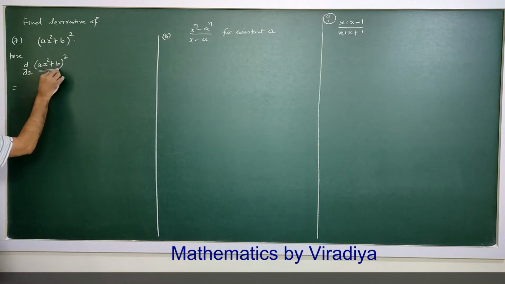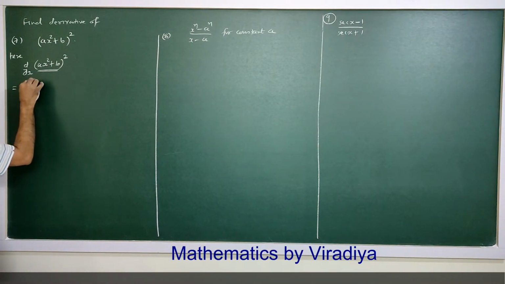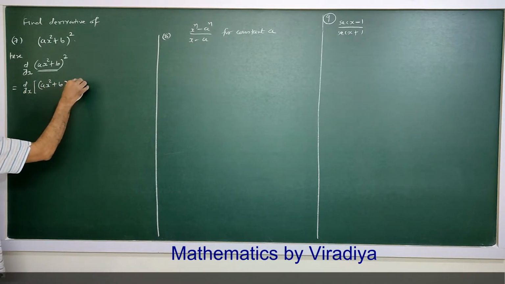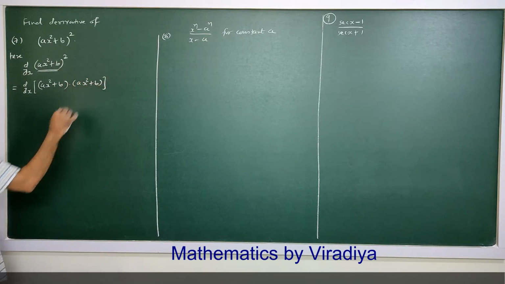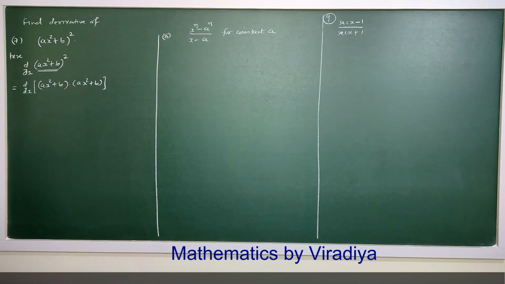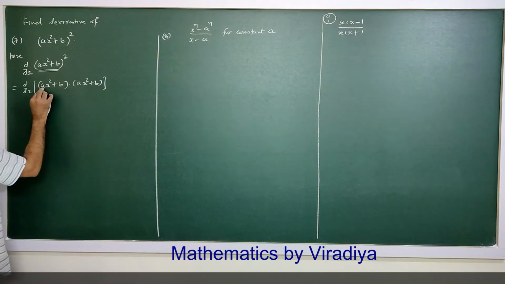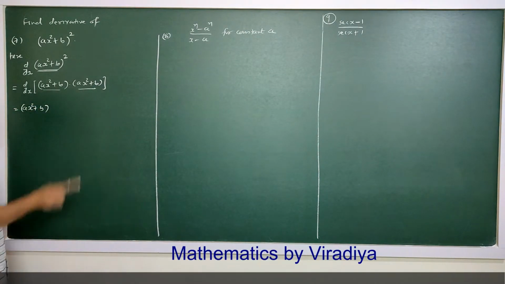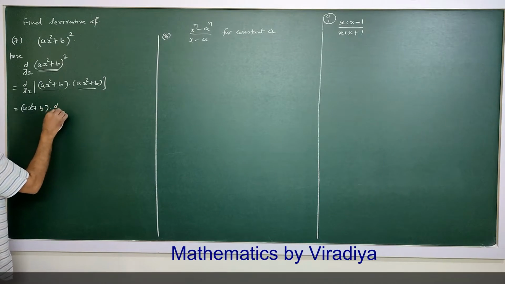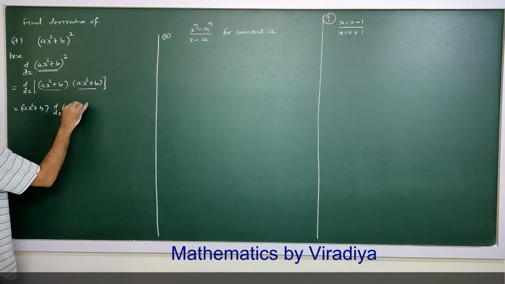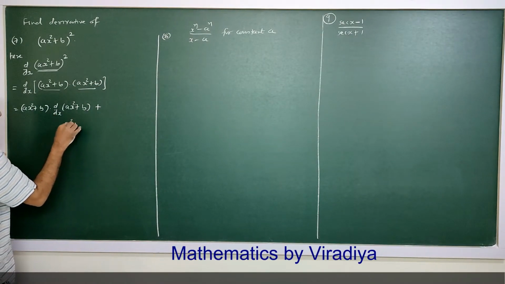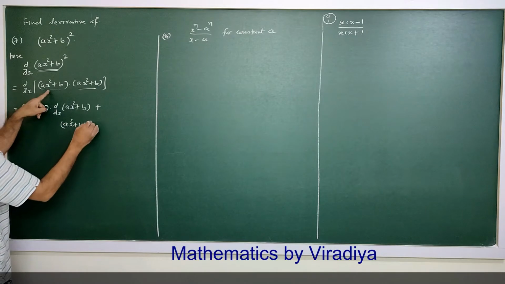This can be expressed as ax square plus b into ax square plus b. Now here we can apply the rule u into v. u as it is, derivative of v, plus v as it is, derivative of u.